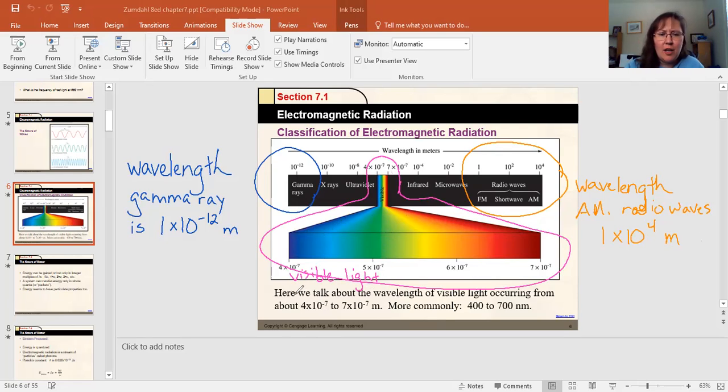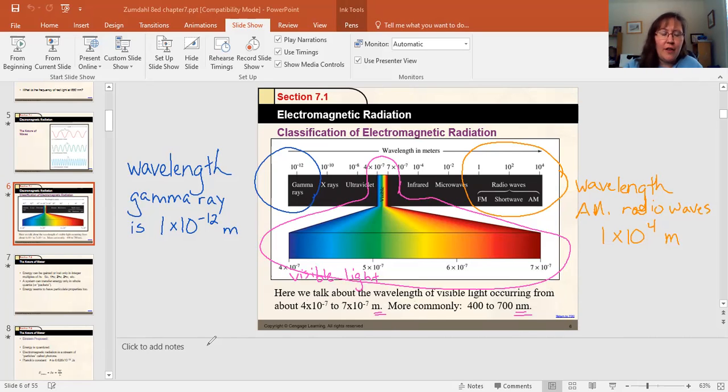And down here, it talks about the wavelength of visible light occurring from 4 times 10 to the negative 7th to 7 times 10 to the negative 7th meters. But we talk about visible light so often that we don't tend to talk about it in terms of meters. So we have to be able to do the calculations in meters, but we talk about it in terms of nanometers.